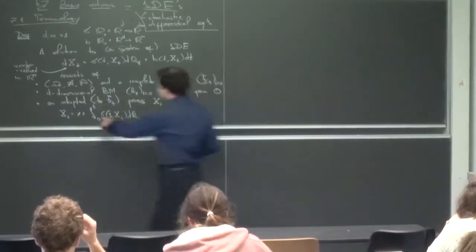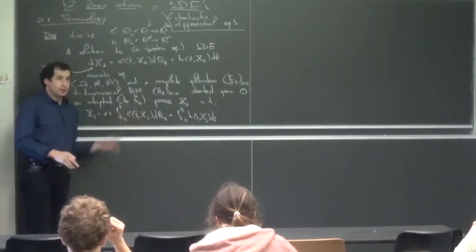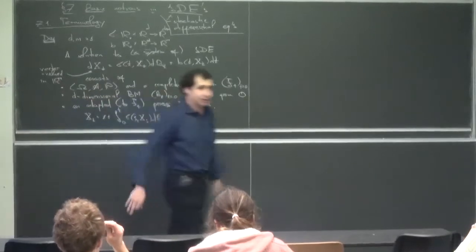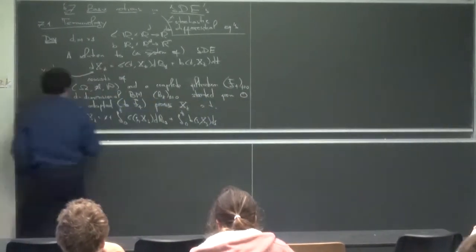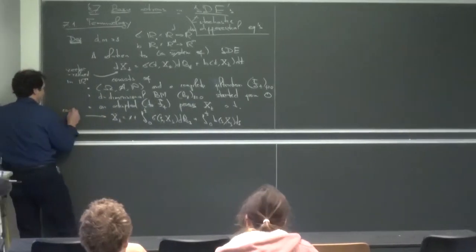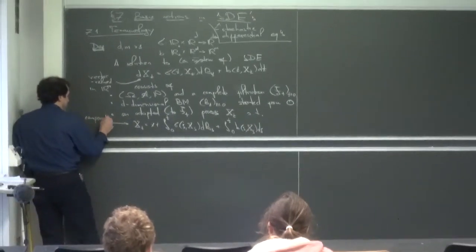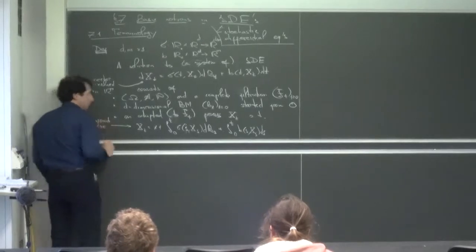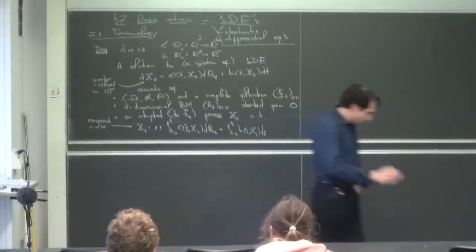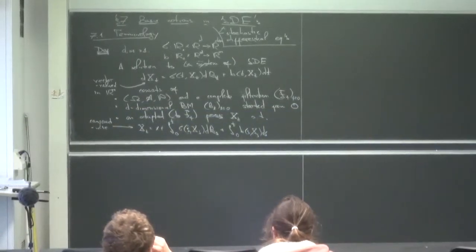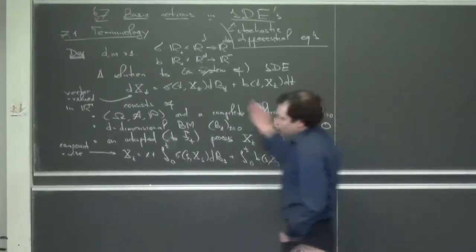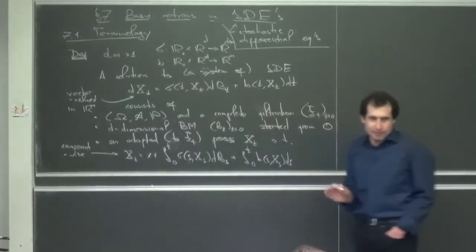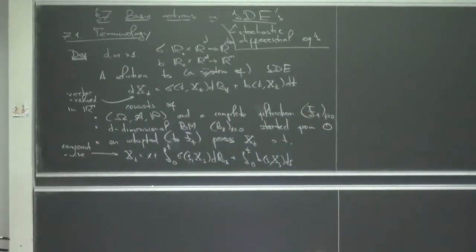This is a vector valued guy, so you can think about a collection of equations. So here is the definition. Well, it looks rather reasonable. I mean, what else can we declare to be a solution of that? But there are some issues.